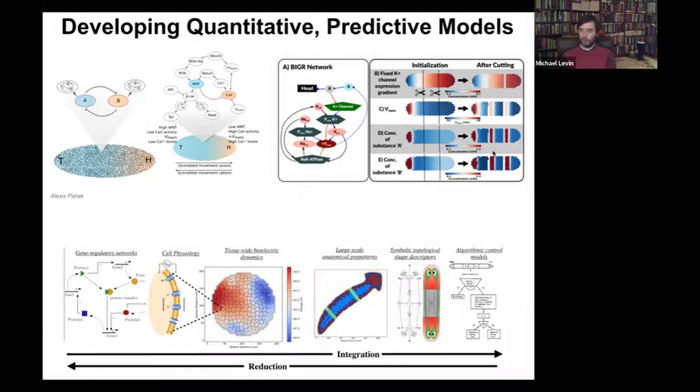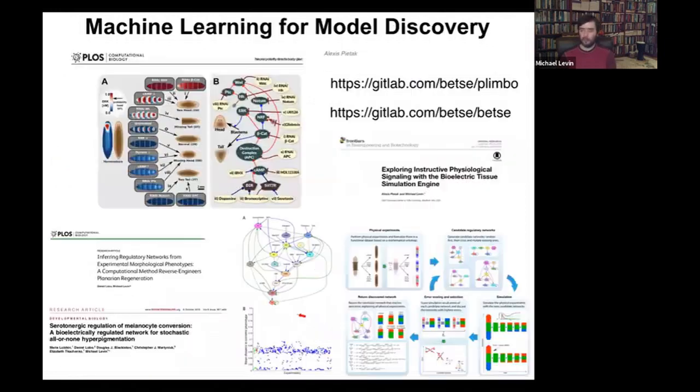You could ask questions like, why does the head-tail gradient rescale when you cut the planarian into 4 pieces? You can't see that by drilling down into single cells. You have to come back out with that information and build these collective kinds of models.